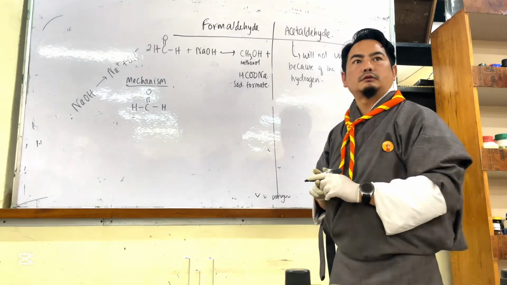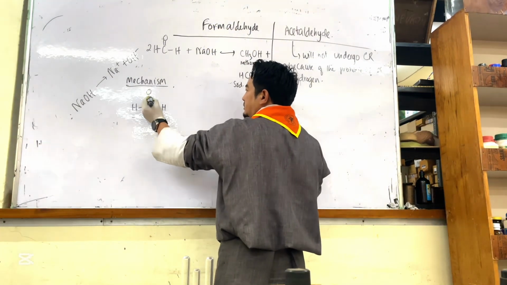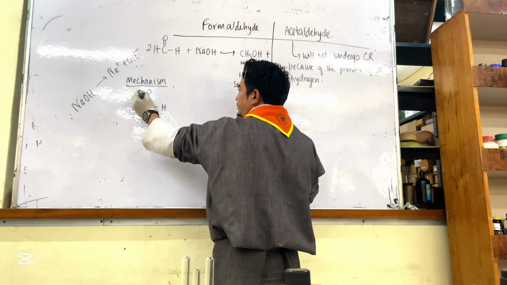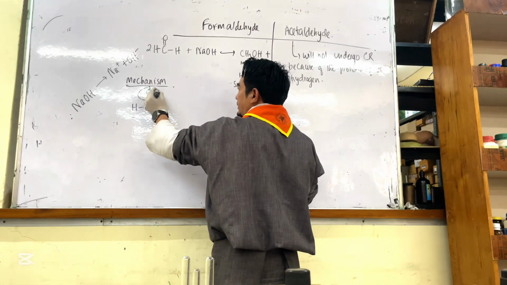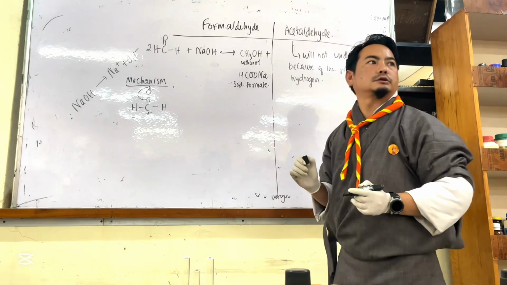Can I have your attention now? Let's try to understand here now. We know that oxygen is electronegative, so it will pull the shared pair of electrons and develop a negative charge here, and then carbon will develop a positive charge.